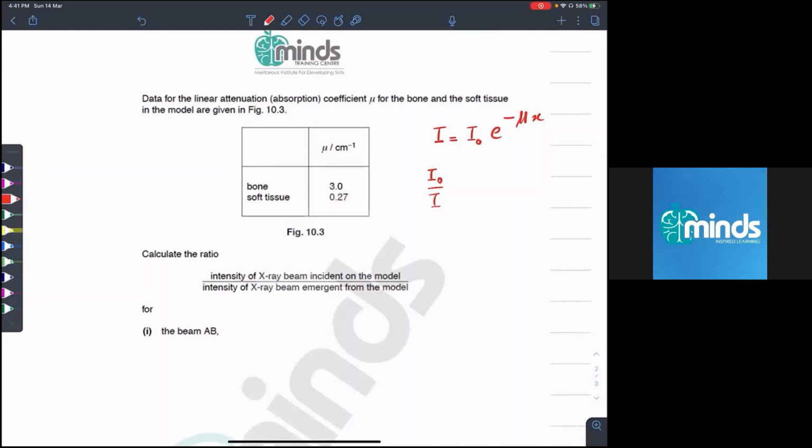I need incident over emergent. So it will become 1 over e raised to minus mu x, which will become e raised to mu x. I naught over I. Now, first we need it for AB.